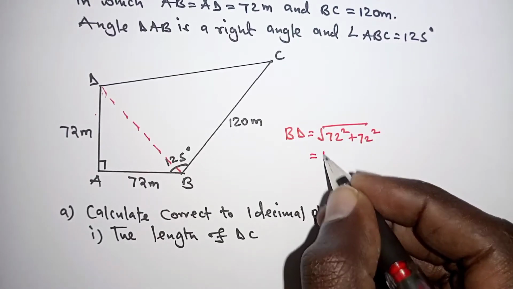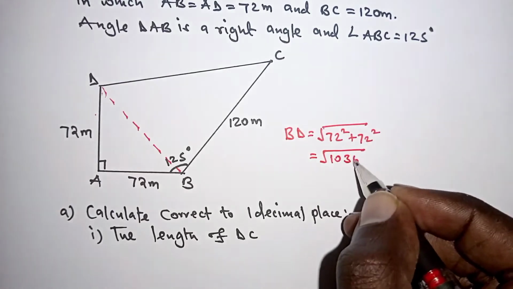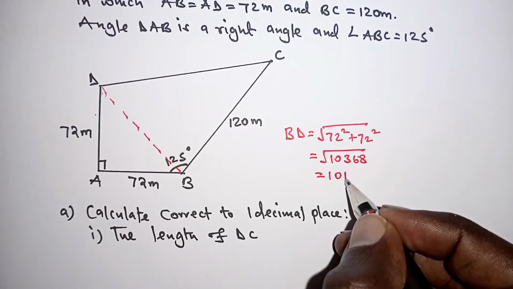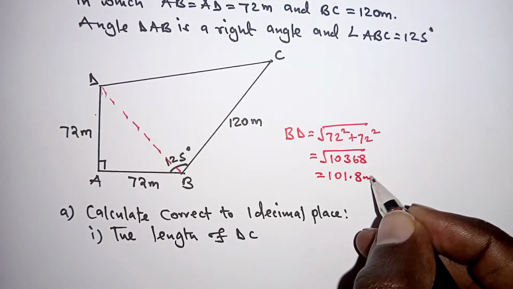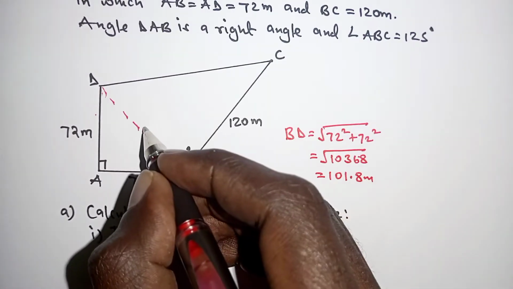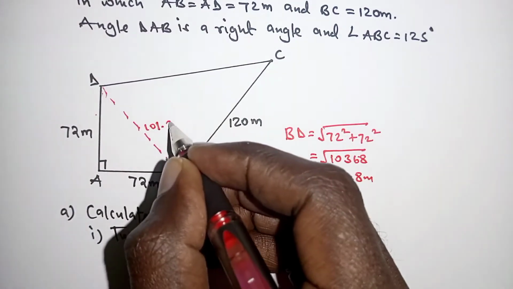Now this should be the square root of 10,368. This should result to 101.8 meters. So that means the length BD is 101.8 meters.